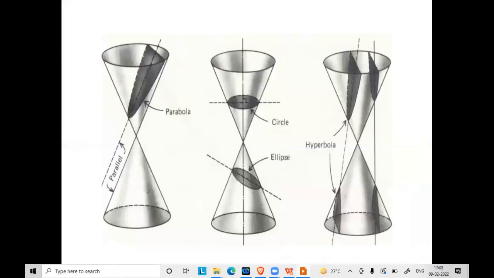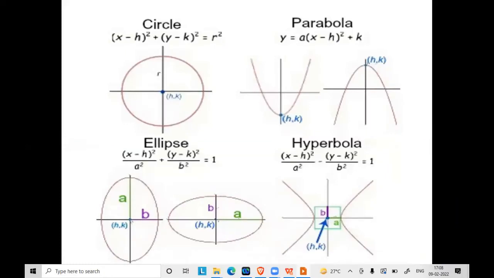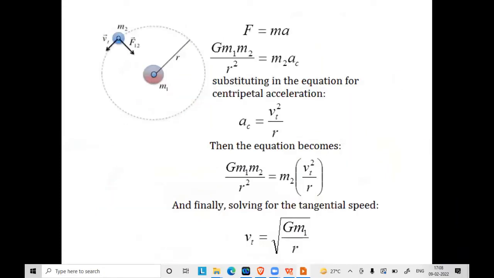Again, I'll skip this slide. Let me go ahead. This is the basic aspect of a circular orbit. With any orbit, you have potential energy and kinetic energy, and by changing the kinetic energy, you can deal with different kinds of orbits.